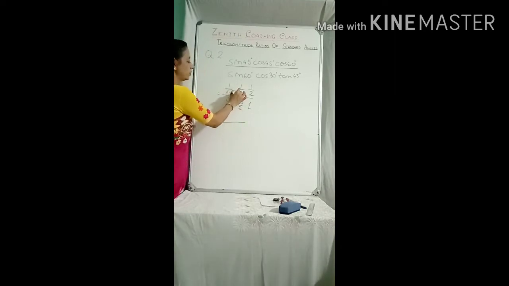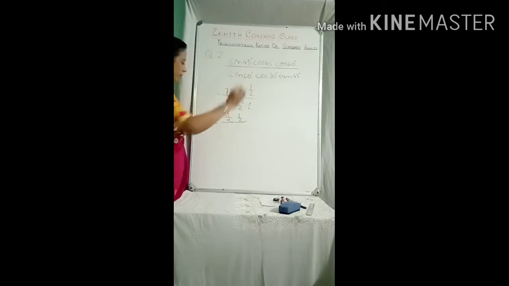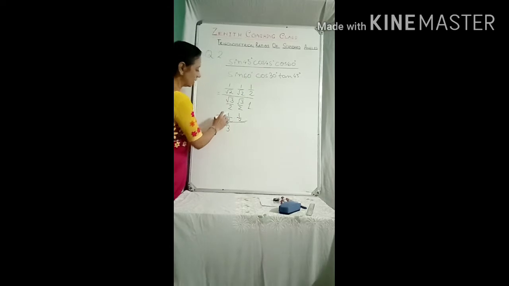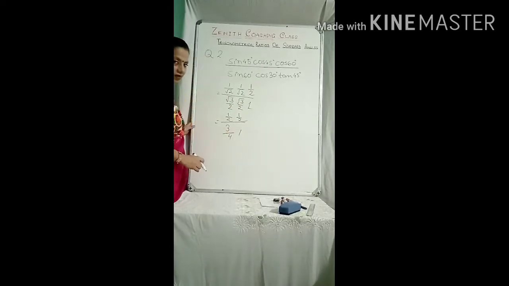So 1 by root 2 into 1 by root 2, root 2 multiplied by root 2 is 2, that is 1 by 2. So 1 by 2 into 1 by 2. And in the denominator, root 3 into root 3, that is 3, and 2 into 2, that is 4, into 1. No need to write 1, but I am writing.